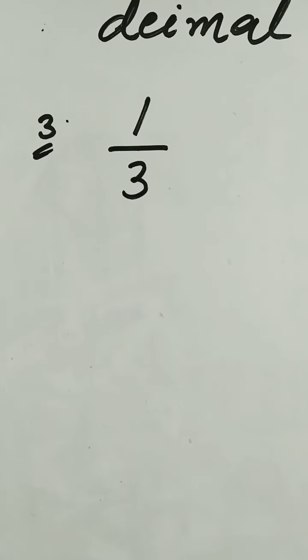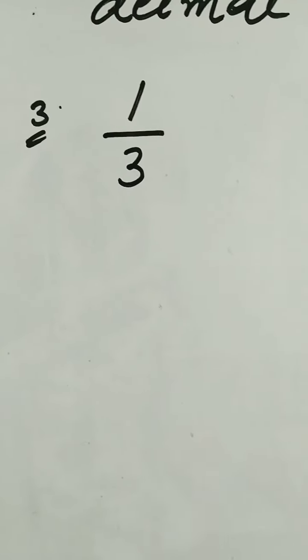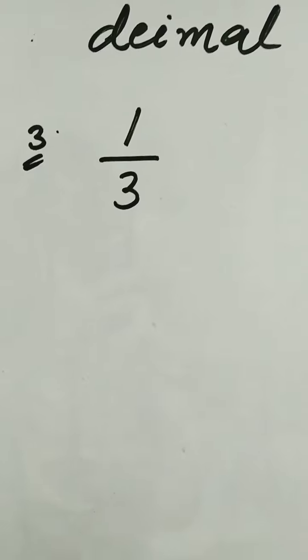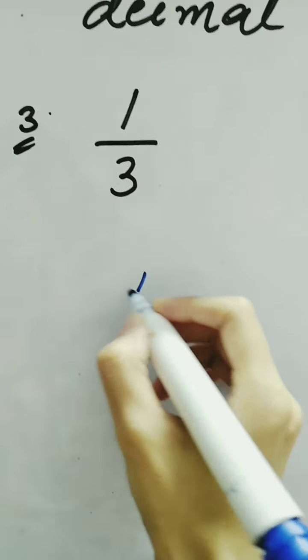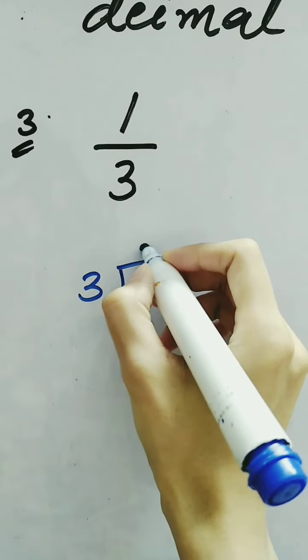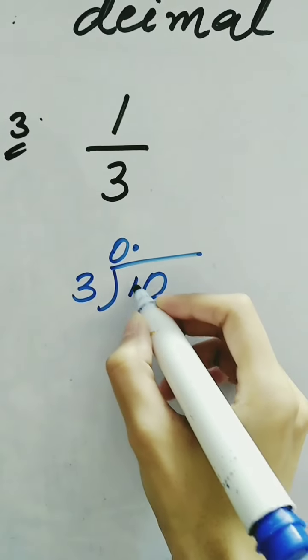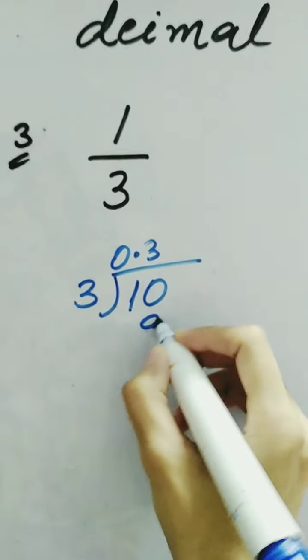Here we have another fraction, 1/3. Some fractions have an absolute decimal value and some fractions have a decimal value which is recurring. So if we look at this question, in this question we are going to divide 1 by 3. As we know that 1 is less than 3, so place a point and 0 here and it is converted into 10. Now we know 3 into 3 is 9.